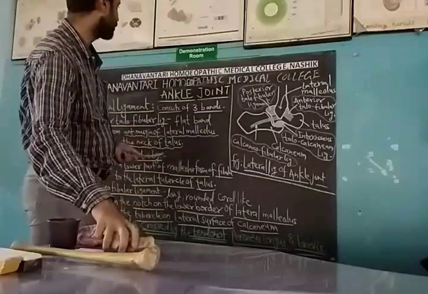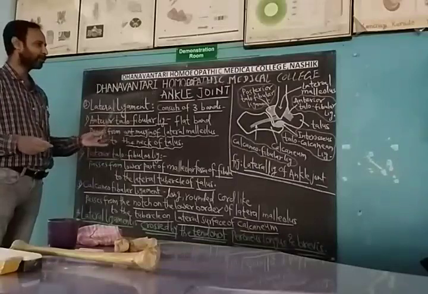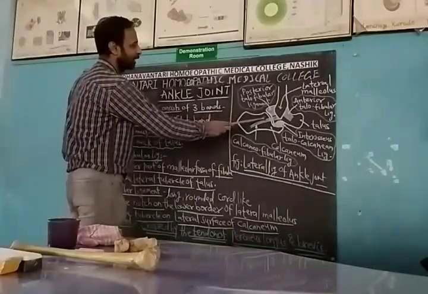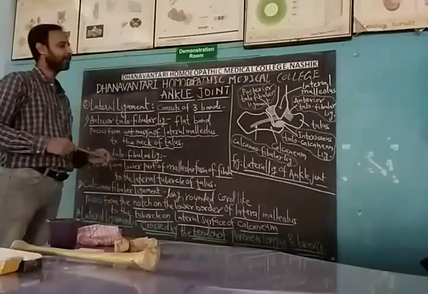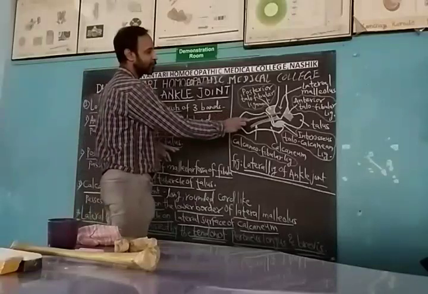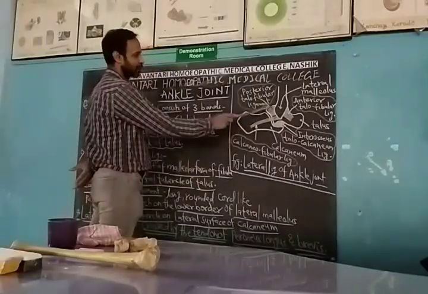So these are these three bands. Very simple, very clear. Anterior talofibular, then the posterior talofibular, and then the third is the calcaneofibular. Anterior talofibular is from the anterior margin of the lateral malleolus to the neck of the talus.